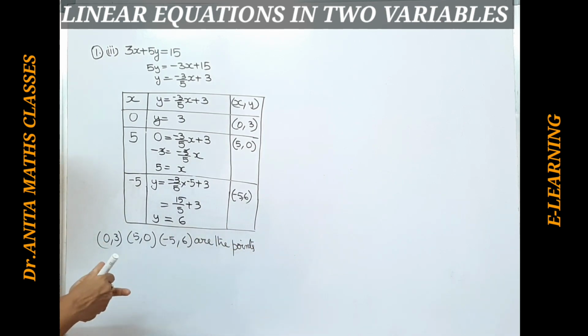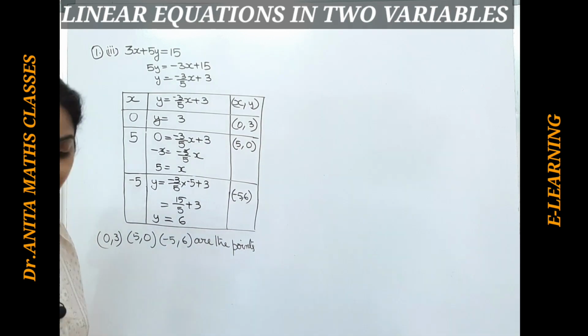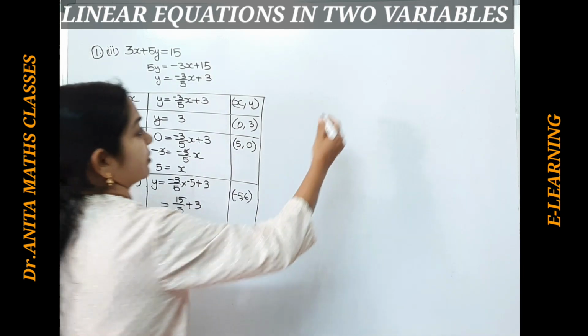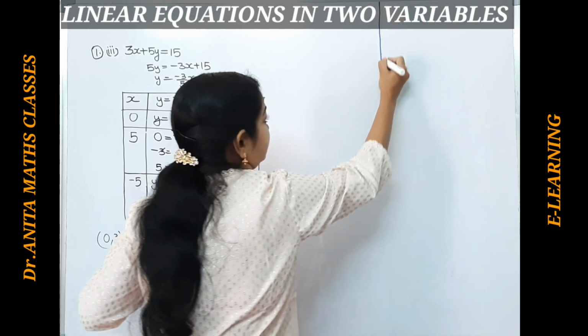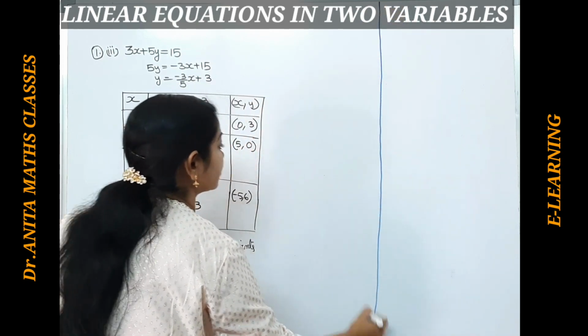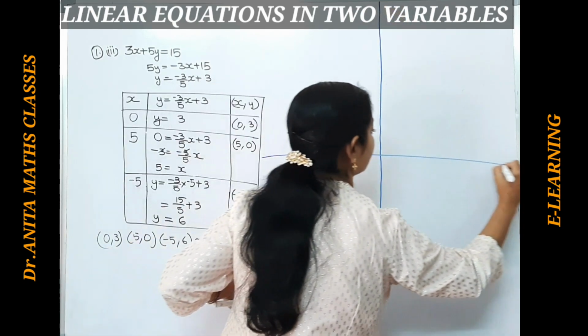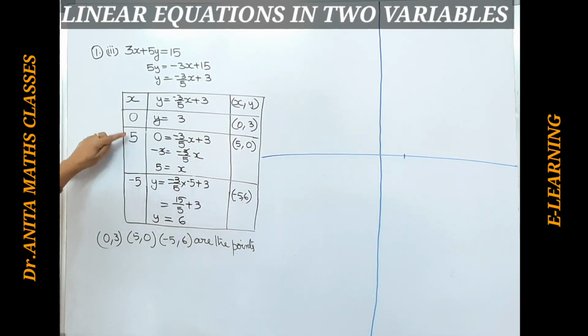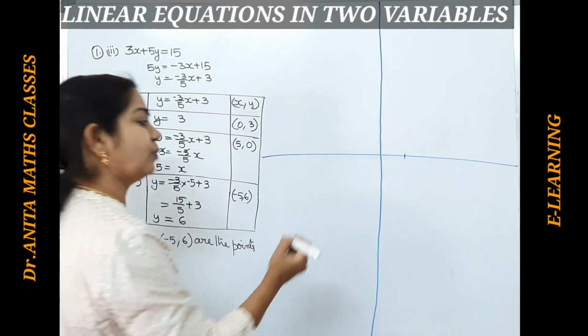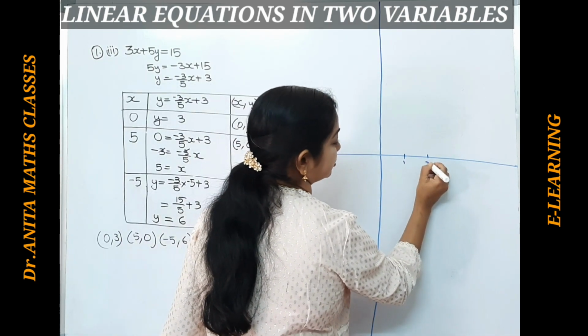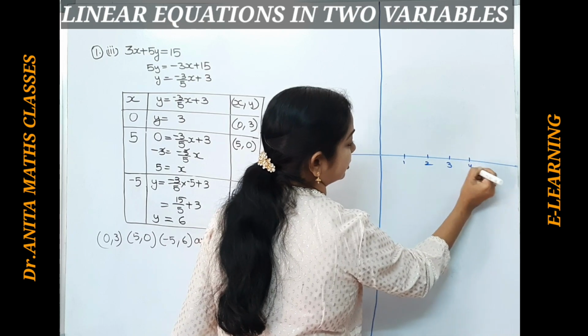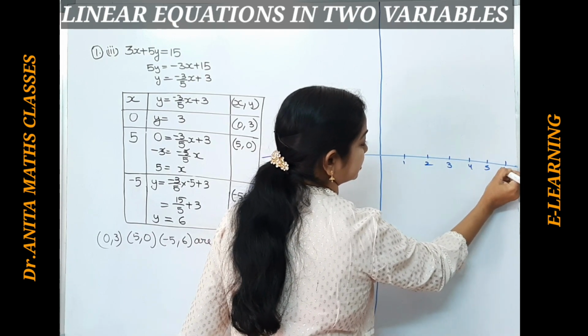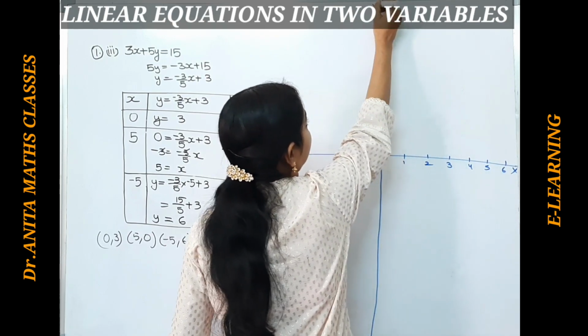Okay. Now let's go for the graphical part here. Now see the points, here 0, 5, minus 5. Okay, let us take 1, 2 only. 1, 2, 3, 4, 5, 6. So this is the x-axis, y-axis.